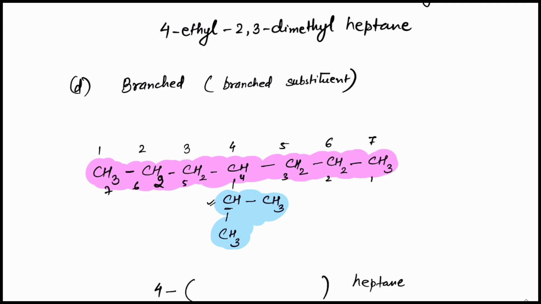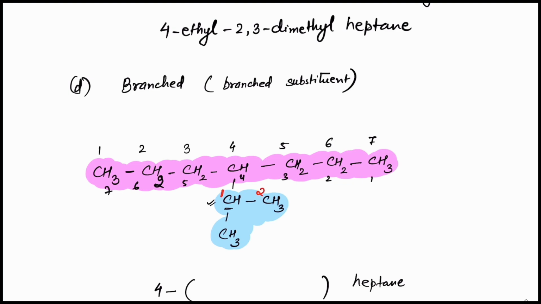Now, how do you decide the name of this substituent? You number the substituent's chain as well and give the carbon atom that is attached to the parent chain the number 1. So this carbon will be given the number 1, and then from here you can move either to the right or to the bottom. Both are of the same length. Let's go right.